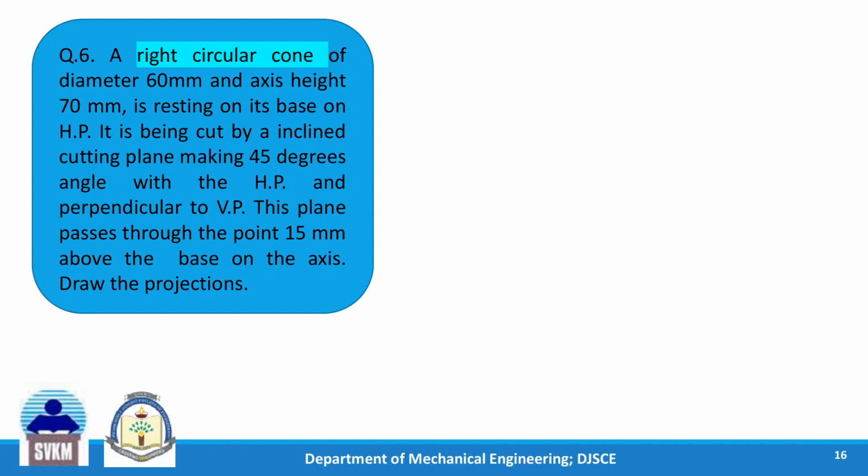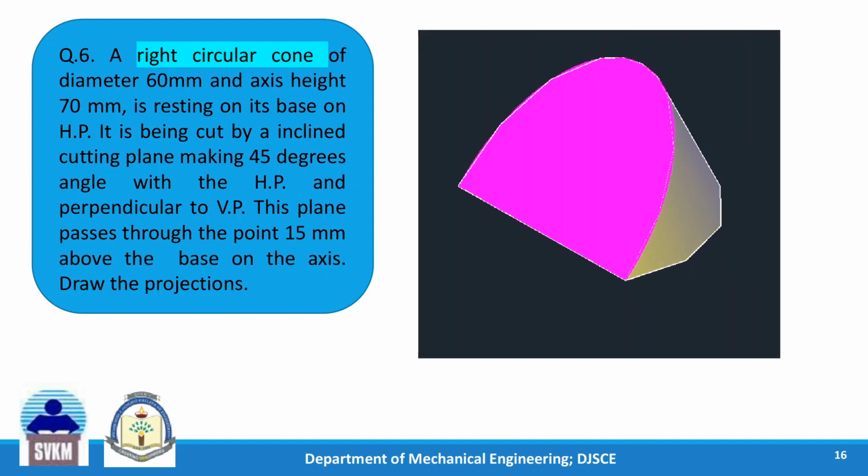Just imagine the solid. See, we had a cone and then the cutting plane has cut this. So this is the cut section of the cone. This is what is remaining. Now let us solve this on AutoCAD.